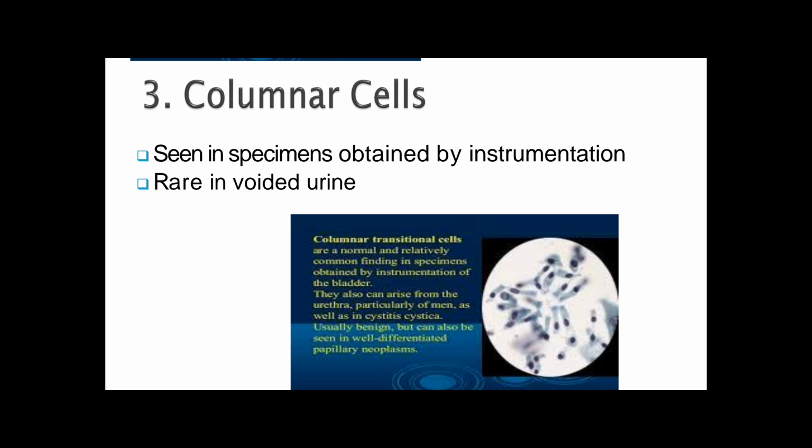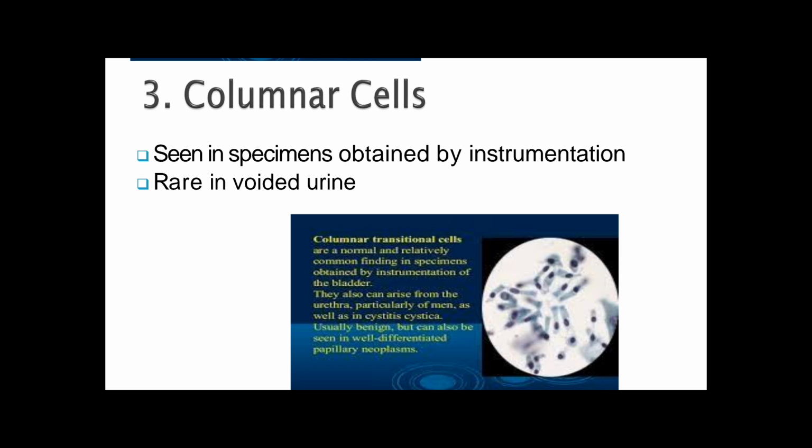Columnar transitional cells are a normal and relatively common finding in specimens obtained by instrumentation of the bladder. They also can arise from the urethra, particularly of men, as well as in cystitis cystica. Usually benign, but can also be seen in well differentiated papillary neoplasm also.